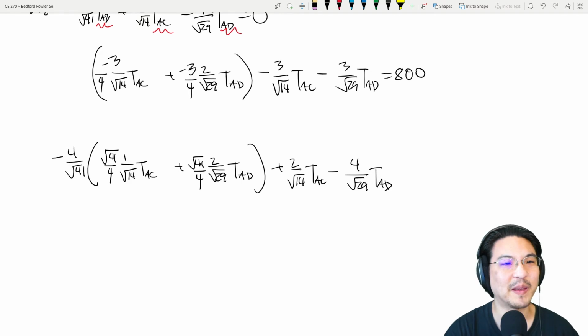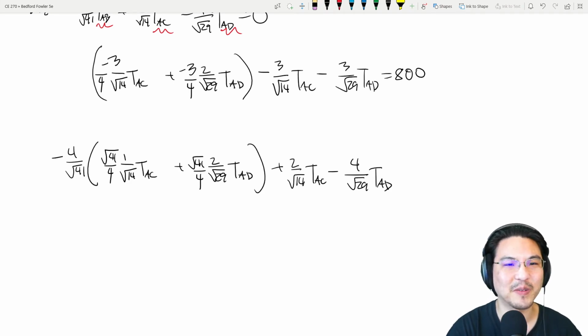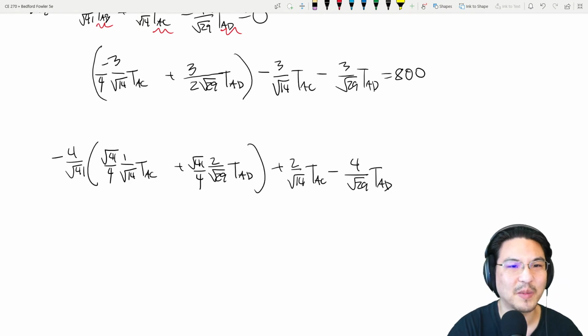Okay, so I just multiplied that through. Let me just clean this up a little bit. So negative 3 times 2 is negative 6 over 4. So that's negative 3 over 2. Okay, so let me get the minus sign over here.